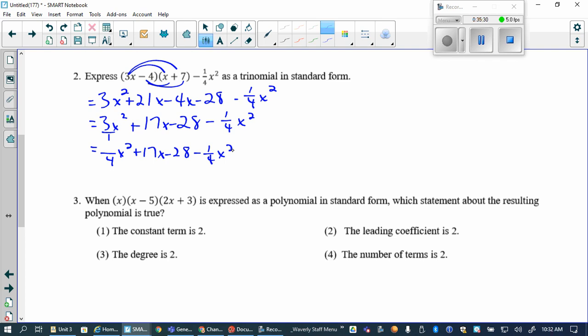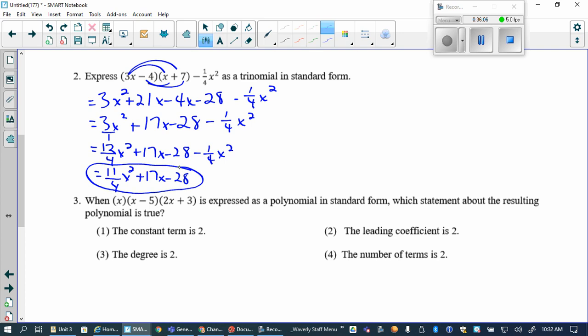Okay. What do they do to that 1 to make it a 4? Multiplied by 4, so I have to do the same to the 3. 12. That's not hard, is it? And now, what's 12/4 minus 1/4? 11 what? Fourths. 12 minus 1 is 11. X squared. 17x minus 28.